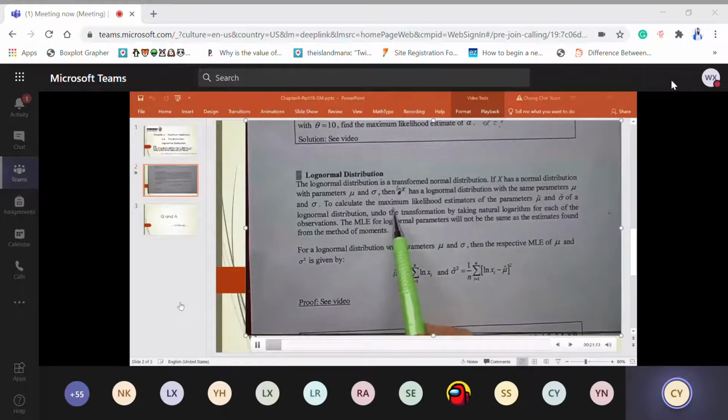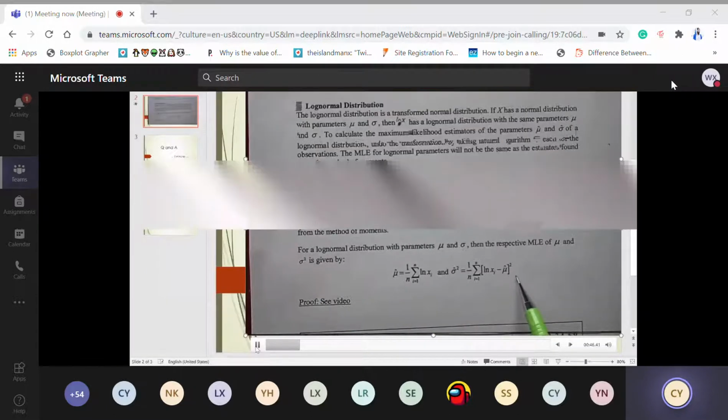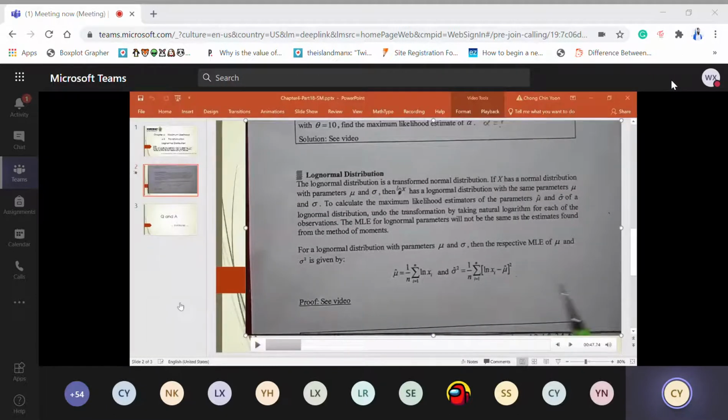To calculate the maximum likelihood estimators of the parameters mu and sigma of a log normal distribution, undo the transformation, same as the estimates found from the method of moments. For a log normal distribution with parameters mu and sigma, the respective MLE of mu and sigma square is given by the following formulas. Just now it jumped a bit already, I think.